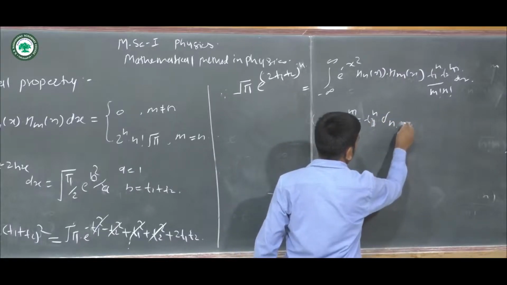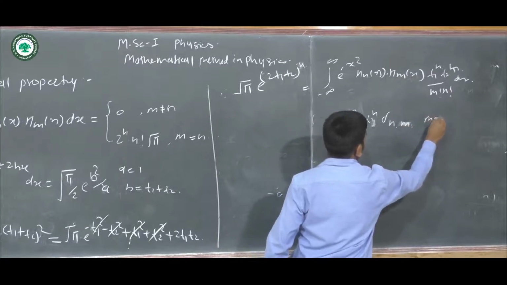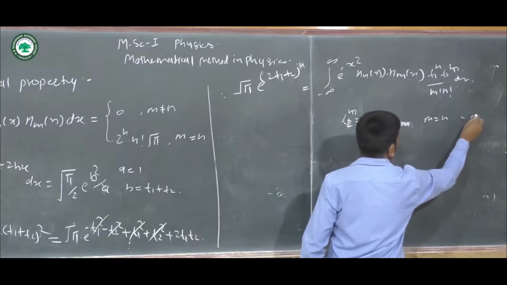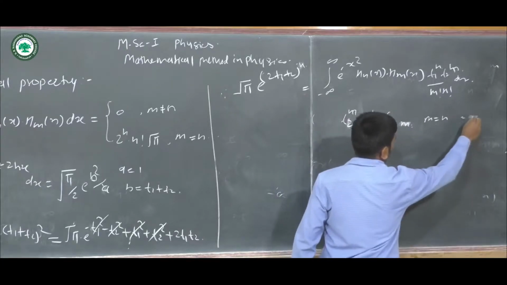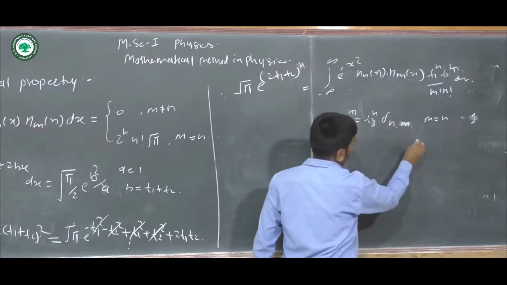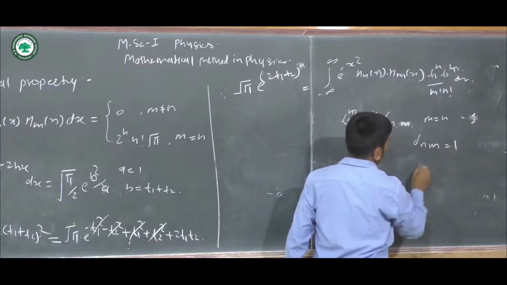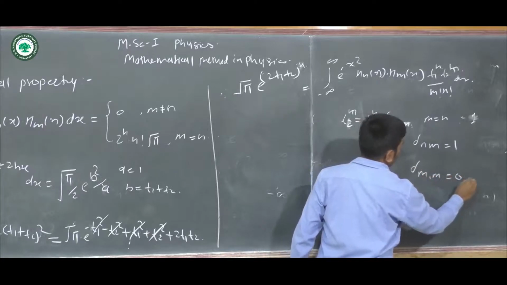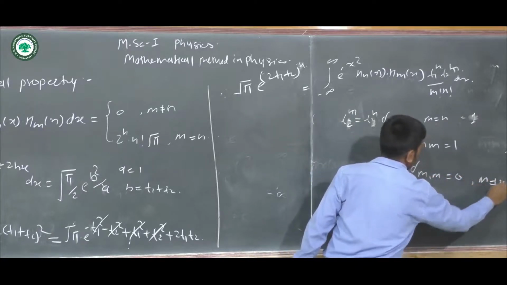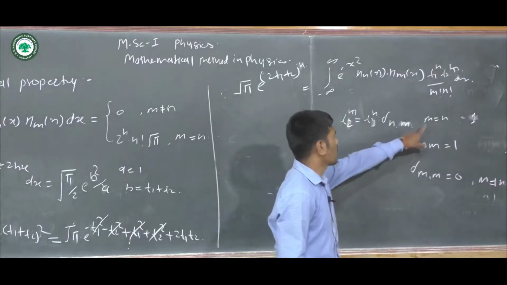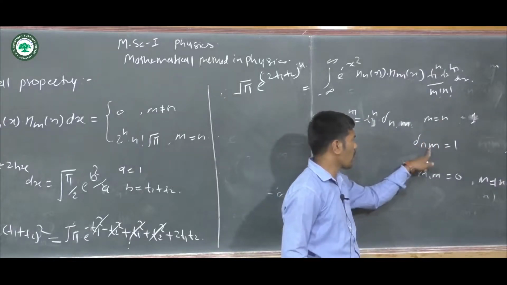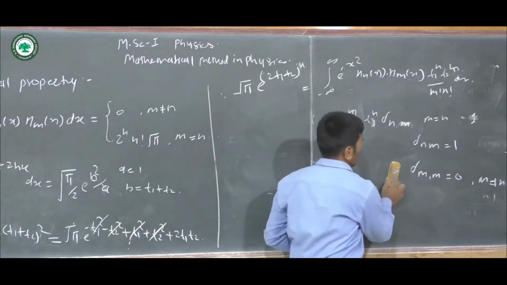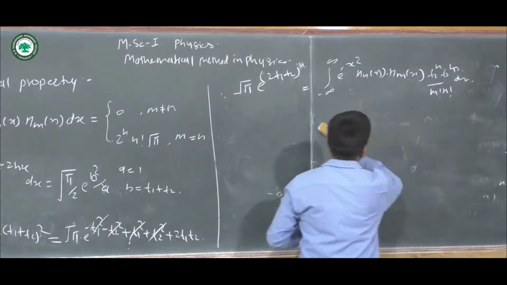Here when m is equal to n, then this delta nm is equal to 1, and it is equal to 0 when m is not equal to n. So when m is equal to n, delta nm is equal to 1, and when it is not equal, then it is equal to 0. So these relations I am going to use here.